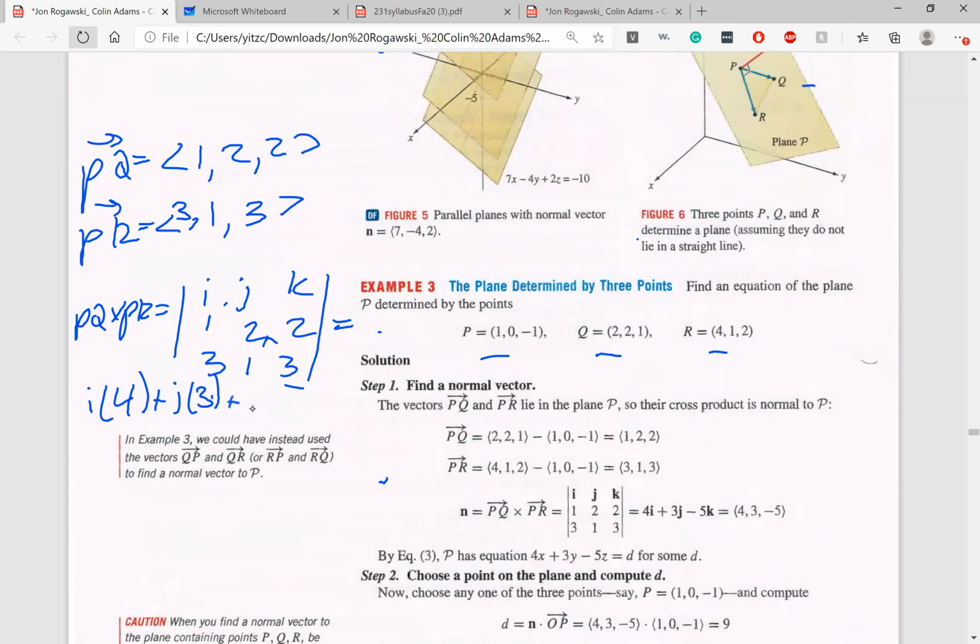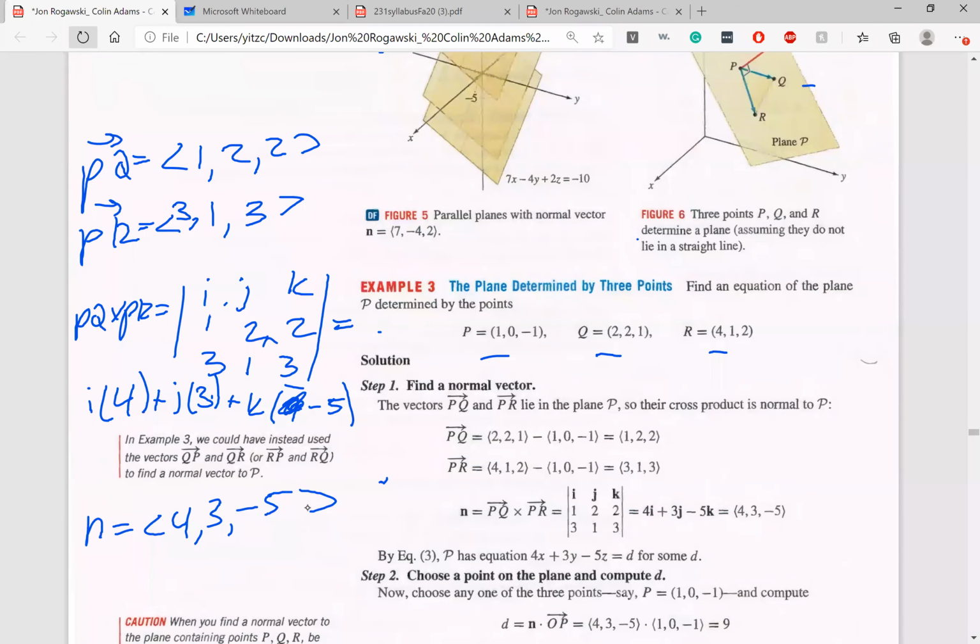And then plus k times 1 minus 6, so that's going to be minus 5. So our normal vector is going to be 4, 3, and negative 5.